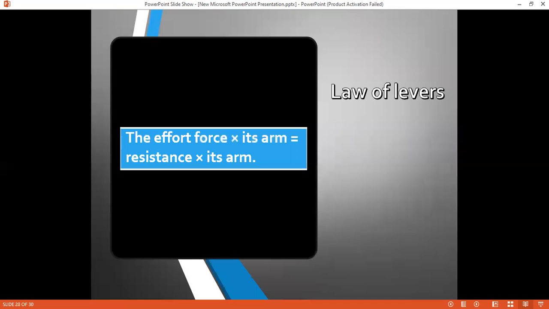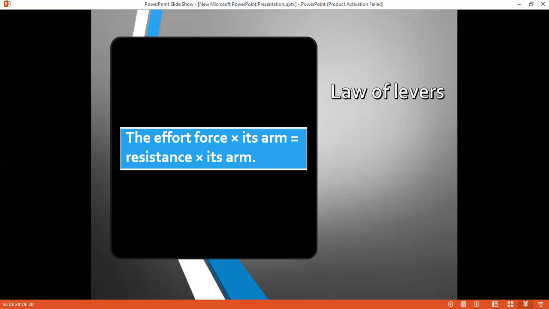So what is the law? If you want to calculate it, you have to measure all of these: effort force times its arm, resistance force times its arm. Maybe you ask about the measuring unit. What do you think about the measuring unit of effort force or resistance force?